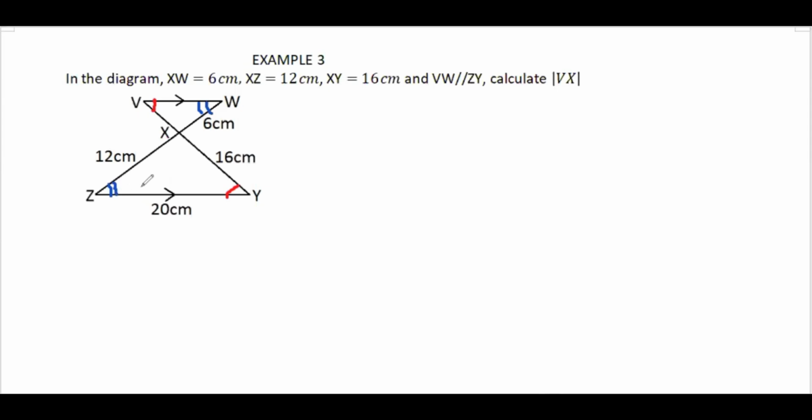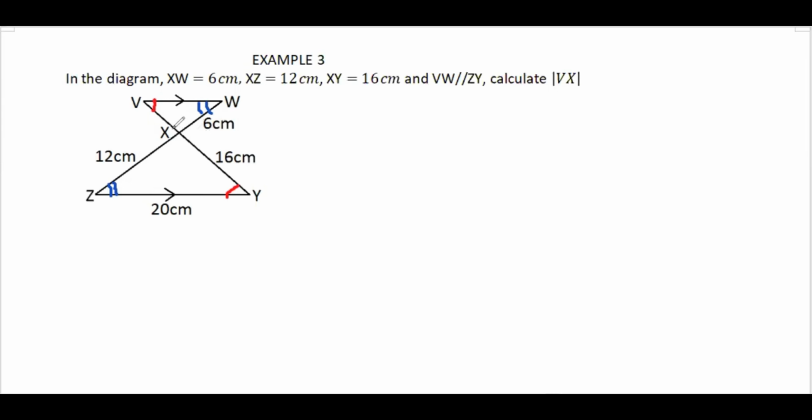And we said that if two angles are equal for two triangles, we can conclude that their third angle will be equal. Reason: sum of angles in a triangle. If you add these two angles together and subtract from 180, what you get for this smaller triangle is what you also get for the bigger triangle. Or if you look at this space, we can see that the angle at X for each of them is equal.